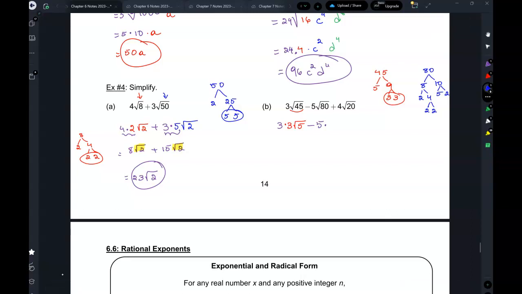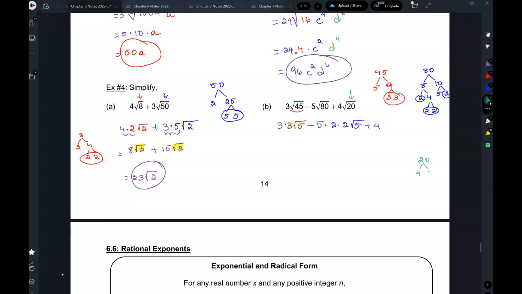So what comes out? 2 pairs of 2. A 2 comes out and another 2 comes out. And then what stays in? The 5. The 4 is split, so the 5. Okay, plus 4 times root 20. So let's do root 20.